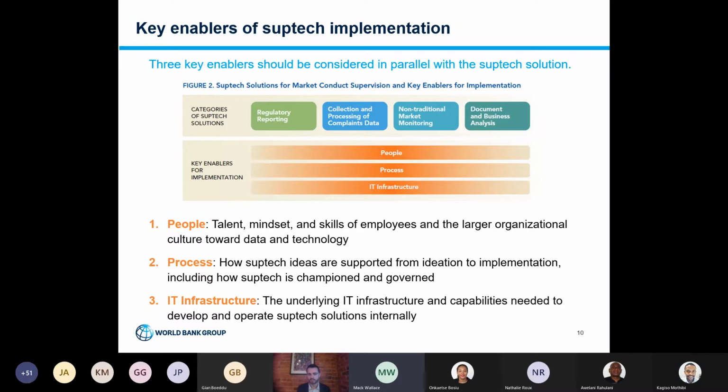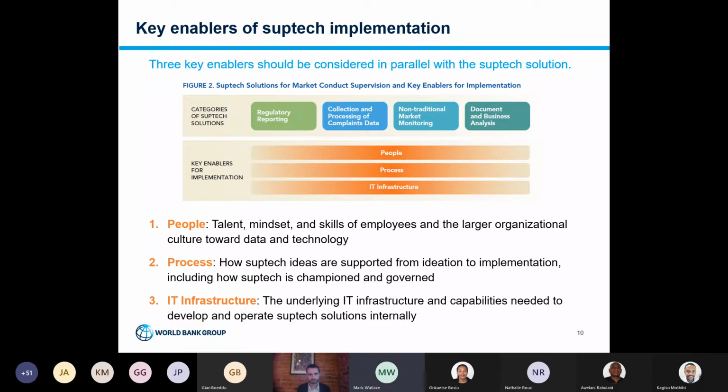And the culmination of all these efforts together is really transformation into being a data-driven supervisor. So it was great to hear about the diagnostic earlier, and you can follow up in the report to learn a little bit more around these parallel things to consider.